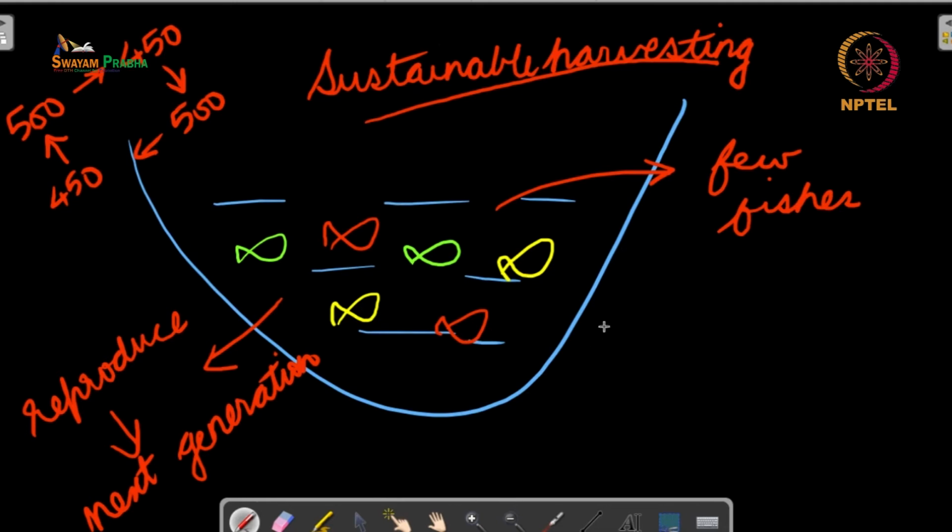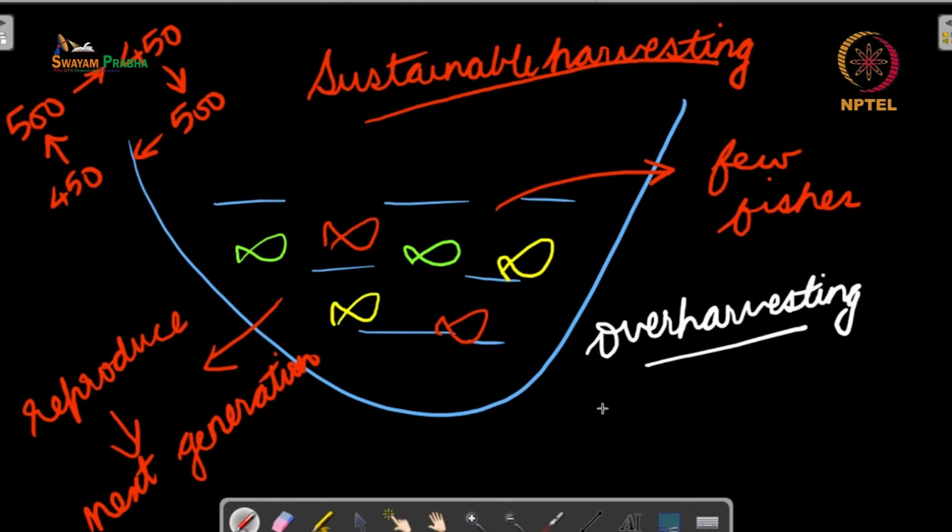But on the other hand, if we did an over harvesting, it would mean that from 500 we took out, say, 300 fishes, and now only 200 remain. Now we give it certain time, but because the number of fishes is very less, there are less number of parents. With less number of parents, less number of offsprings are born.